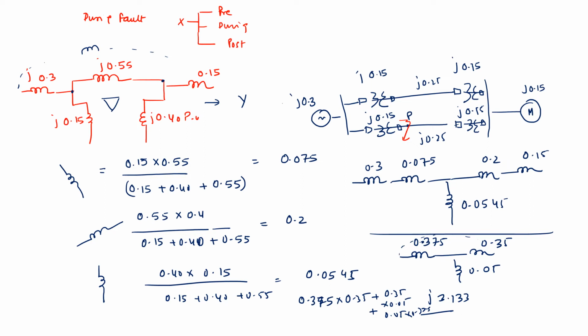All these multiplied and we need to divide it by 0.0545. So, it will be coming out to be 3.133. So, in pre-fault there will be 1.67 per unit. Now, during fault it is coming out to be 3.133 per unit. Now, we need to calculate the post-fault also.